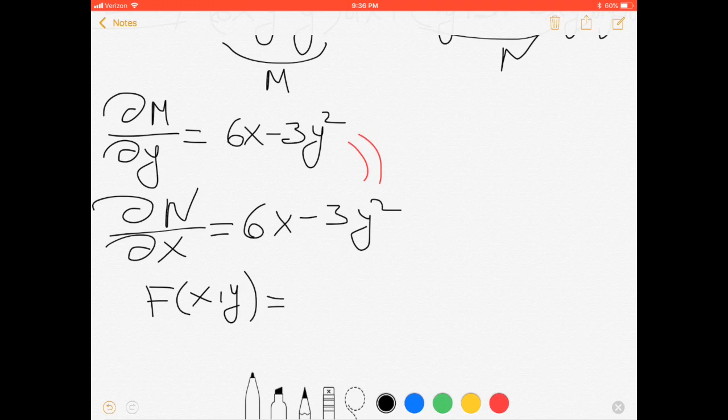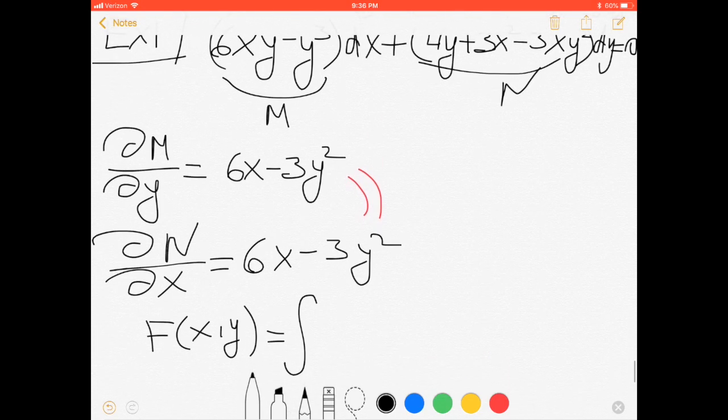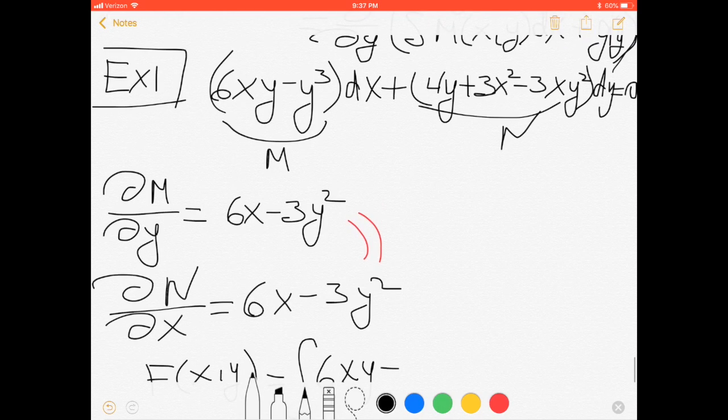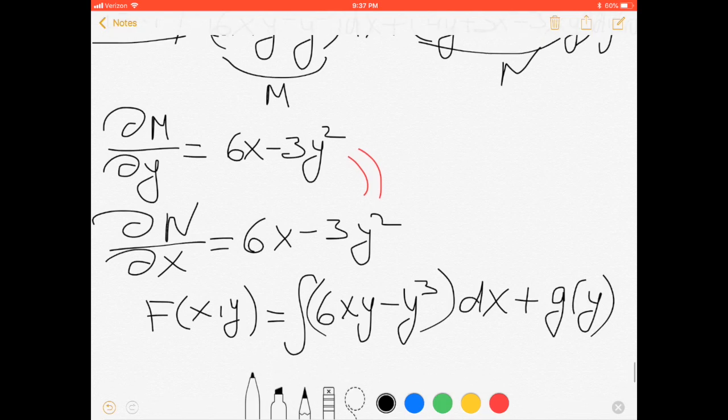f(x,y) will be the integral of function M, 6xy minus y cubed, and we take it with respect to dx, plus some part of a function depending only on y.